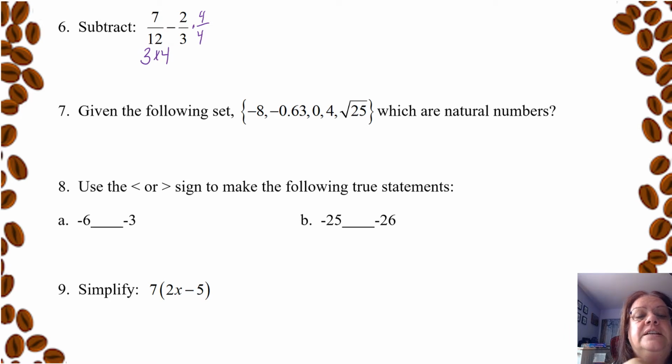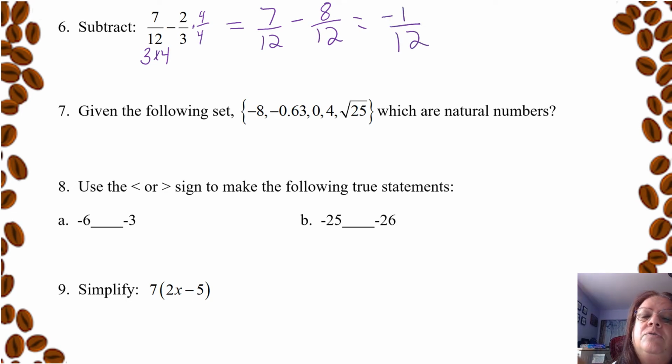So this is then going to give me, I'm sorry, but my pen, nothing seems to be working. Okay, it's back now. So 7 over 12 minus 2 times 4 is 8 over 3 times 4 is 12. Well, now we have common denominator. 7 minus 8 is going to leave us with a negative 1 over 12.